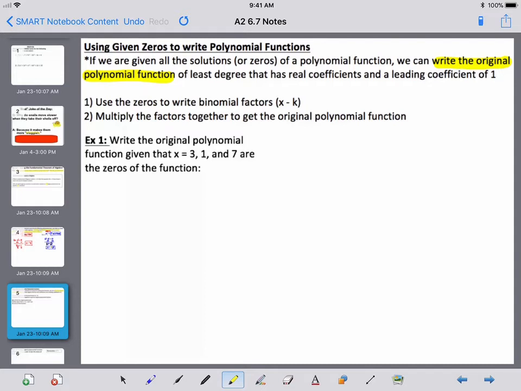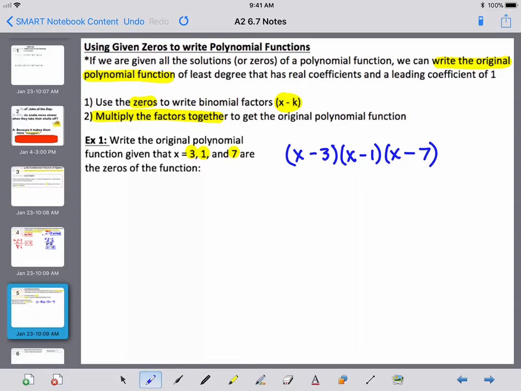So what that really means is you use your zeros to write your factors, and then you just multiply the factors together to get back to that original function. Let's see how to do that with an example. So here I'm given 3 solutions, positive 3, positive 1, and 7. Meaning that x minus 3, x minus 1, and x minus 7 are factors.